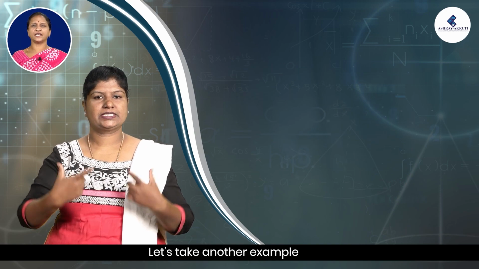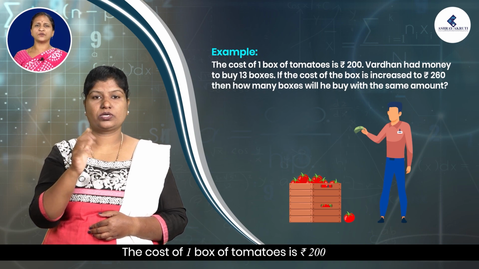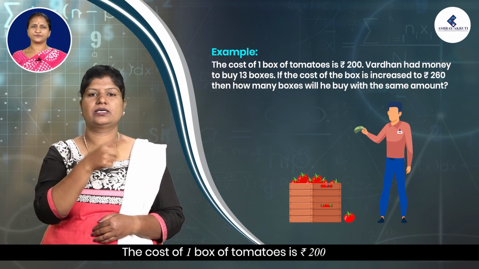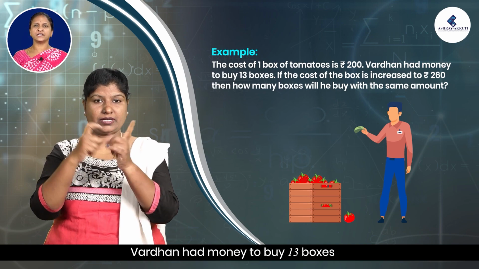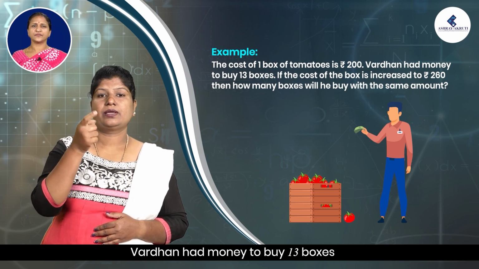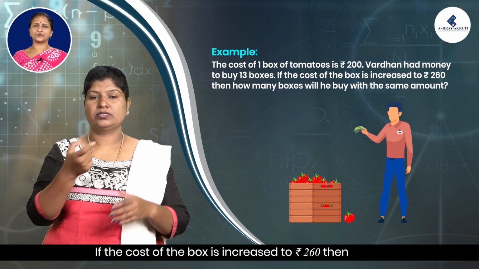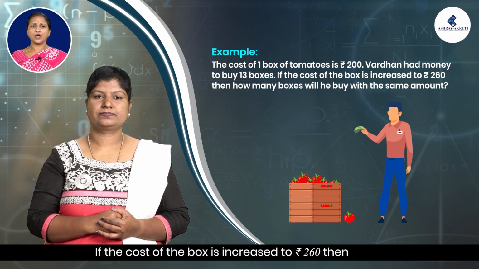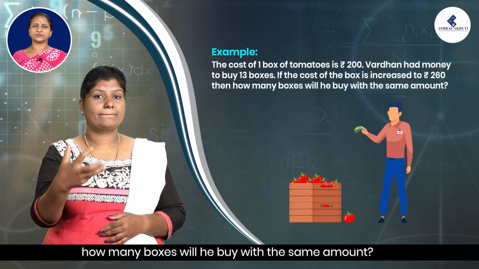Let's take another example. The cost of one box of tomatoes is rupees 200. Vardhan had money to buy 13 boxes. If the cost of the box increases to 260, then how many boxes will he buy with the same amount?